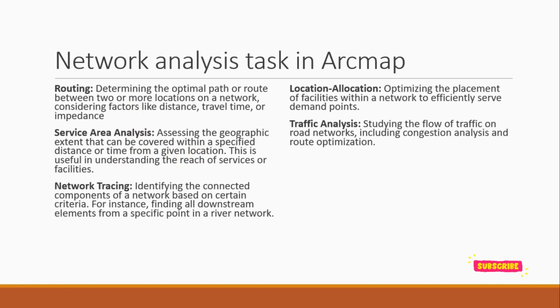You can also use it for network tracing. This analysis was used during the COVID era for contact tracing. It was a very useful tool in doing that. And you can also use it to understand findings or downstream elements from a specific point in a river network.